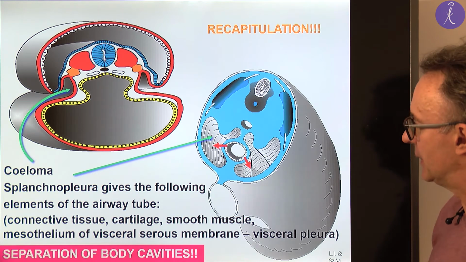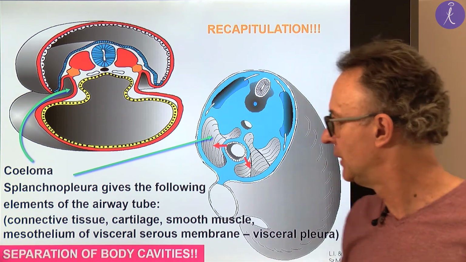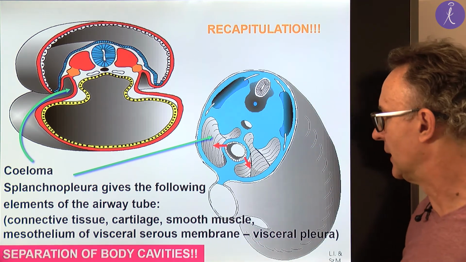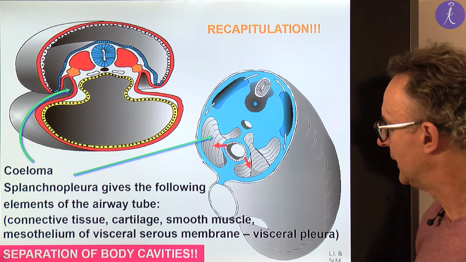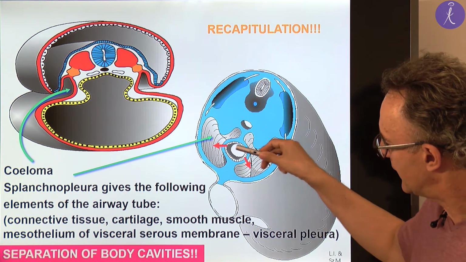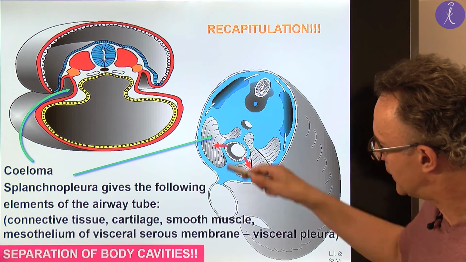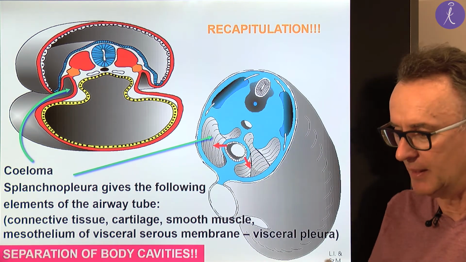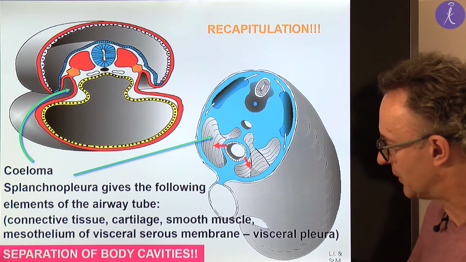And the red arrows show the outgrowth of the lung buds from this tube, from the gut, and that's why when it grows out into this cavity, the light blue is always protruding around.